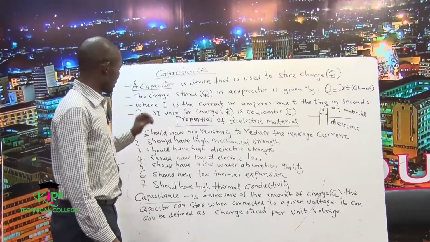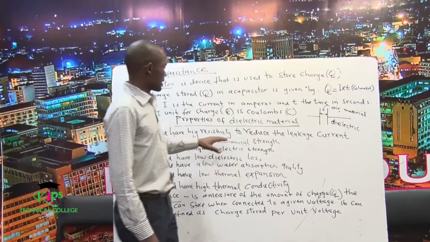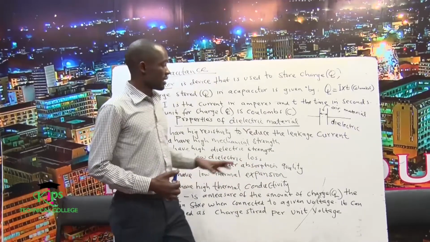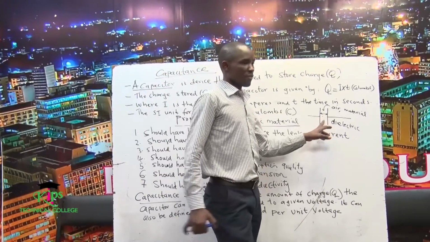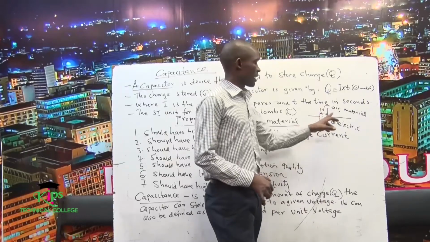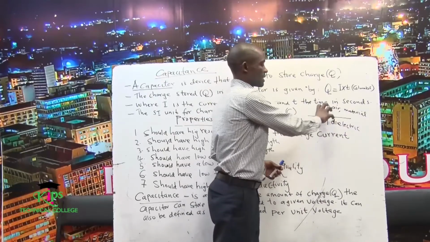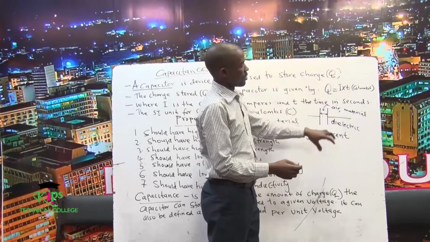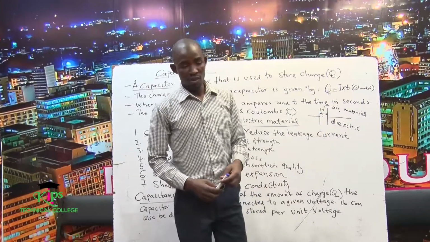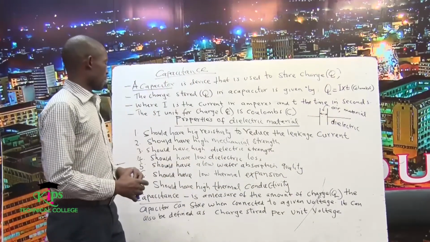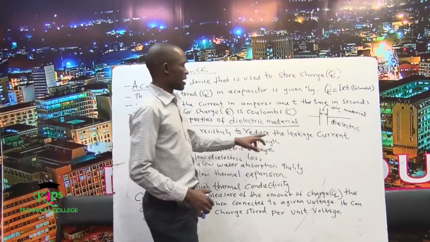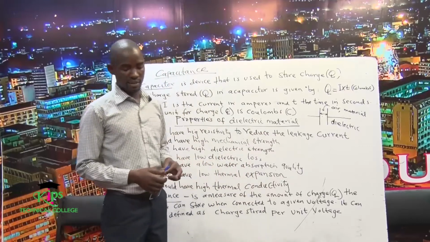The first one, it should have high resistivity to reduce the leakage current. Remember, we have said this material has to store charge, and for charge to be stored, current does not necessarily have to flow from one point to another. So we need this charge to accumulate. We need this charge to be stored. So the material that we are going to put here should not allow current to flow. That is why, point number one, it should have high resistivity to reduce any flow of current.